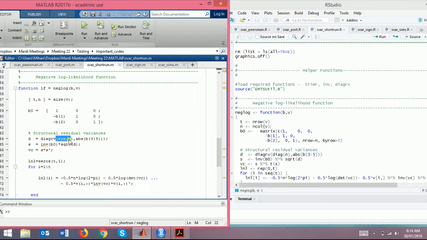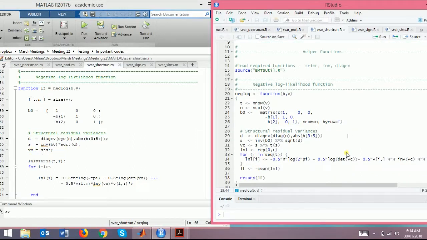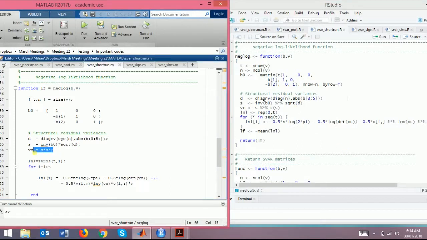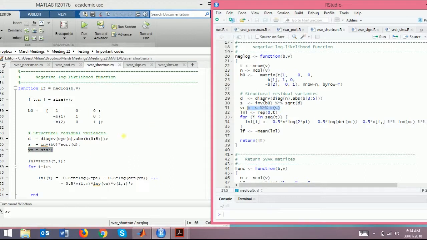So diag of v, the matrix whose diagonal elements we will be replacing with this vector. Then S is equal to the root of d by v naught. Beautiful. And the variance covariance, omega, is equal to SS transpose.